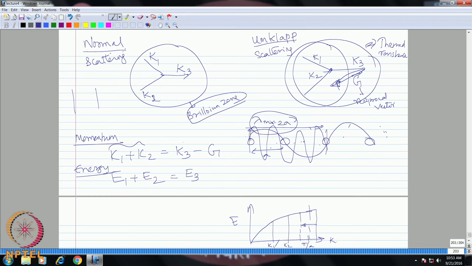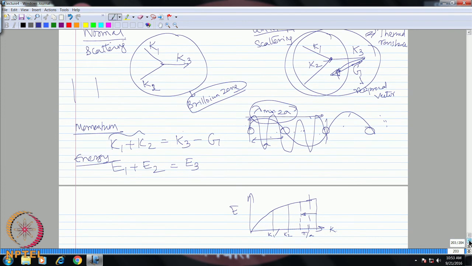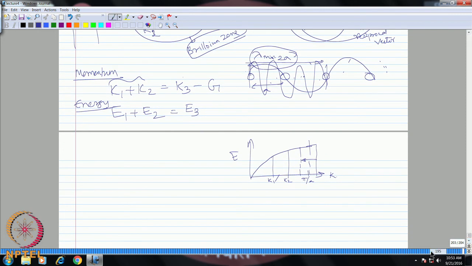But what results in the reduction of the momentum is the Umklapp scattering, which brings down the momentum and therefore builds a resistance for the flow of heat. Okay. So, this is the most important scattering mechanism when you are considering the effect of finite thermal conductivity.